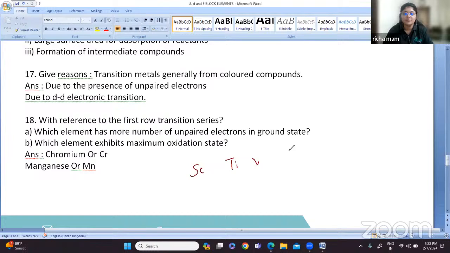Scandium, titanium, vanadium, chromium, manganese, right?